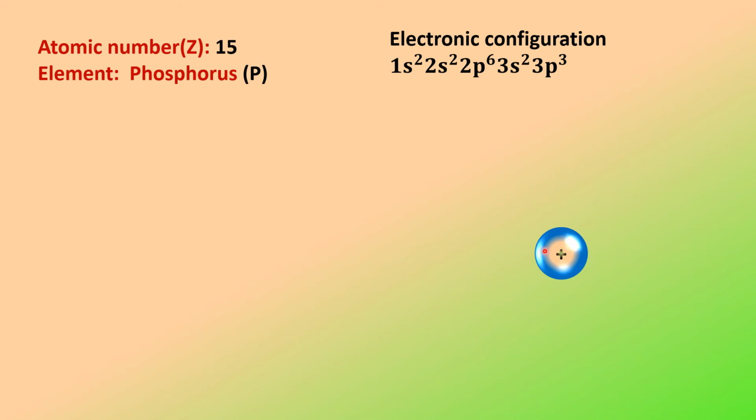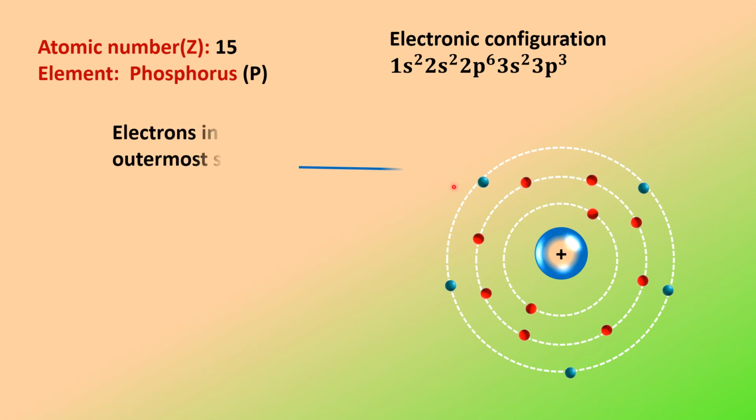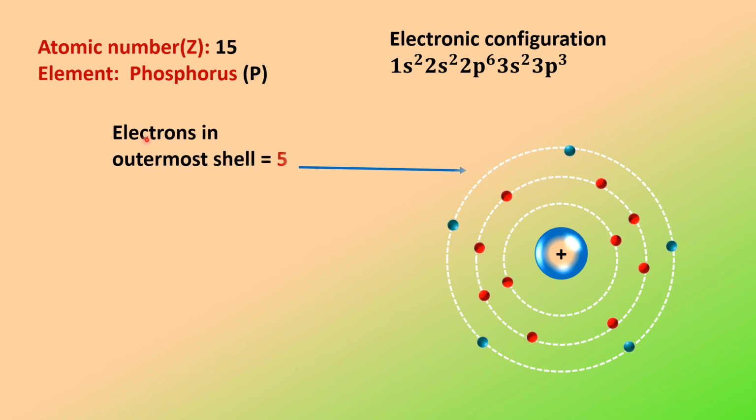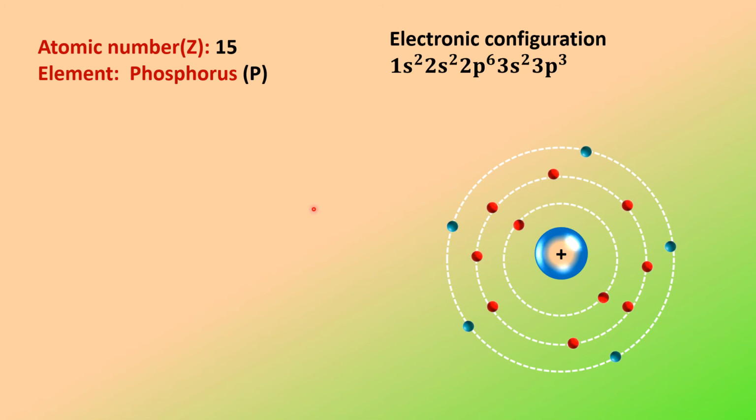This is the phosphorus nucleus. These are the 3 shells. First shell 2 electrons, second shell 8 electrons, and third shell 5 electrons are present: 1, 2, 3, 4, 5. Phosphorus has 5 electrons in its outermost shell.